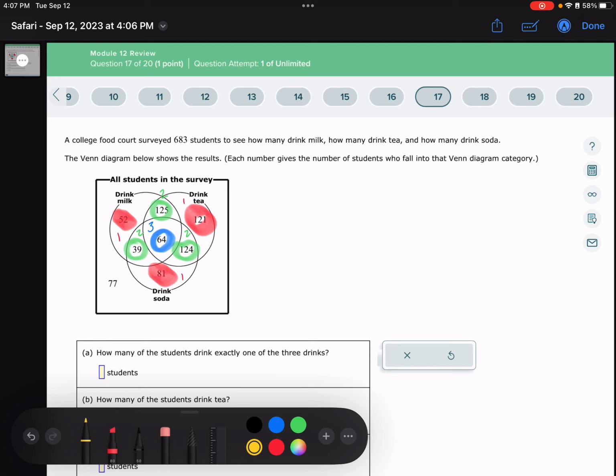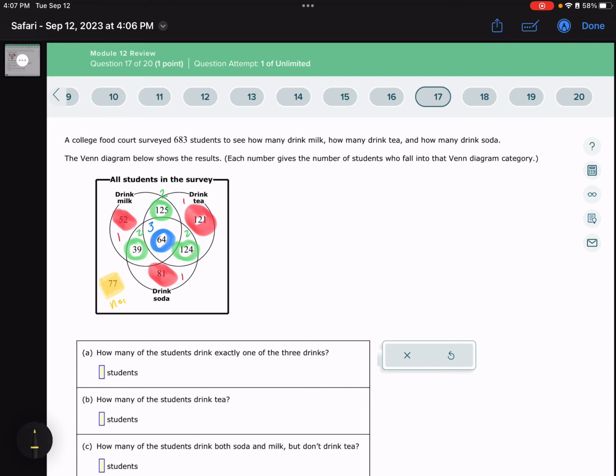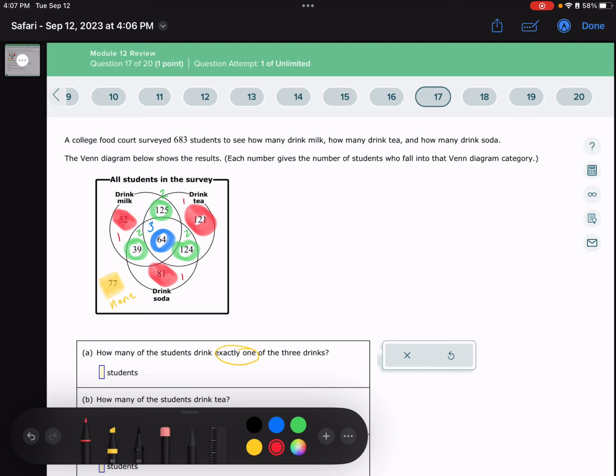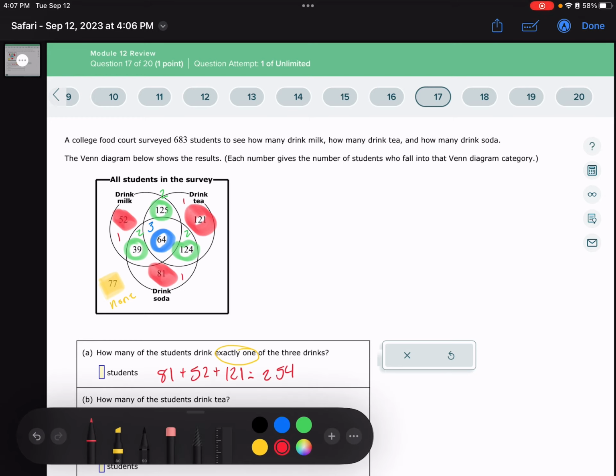And our last group of people drink none. So I want those who drink exactly 1, which was my red group. So 81 plus 52 plus 121, and that is 254. The next one is drinks tea.